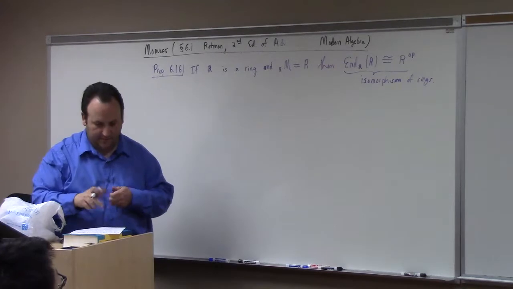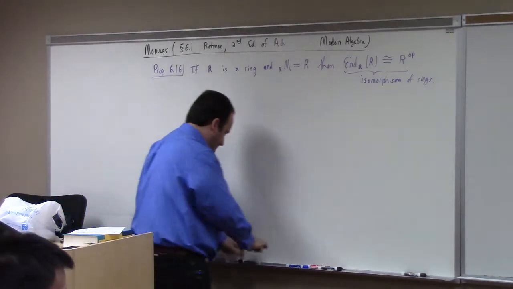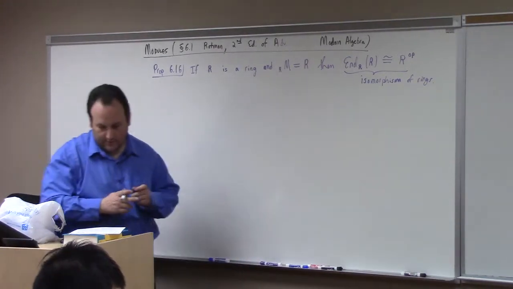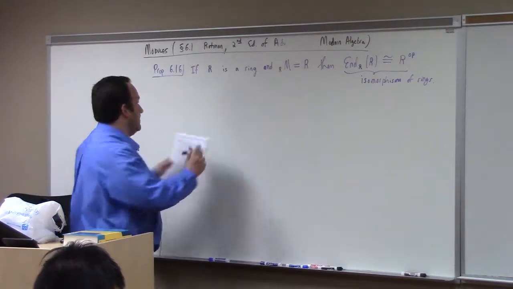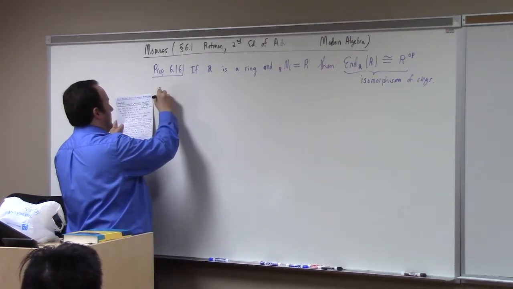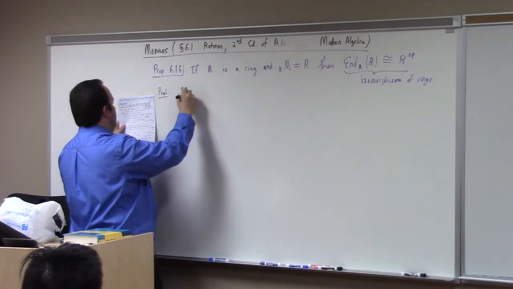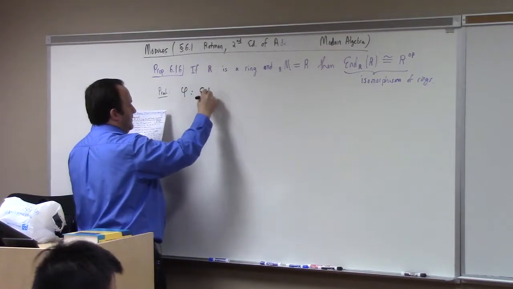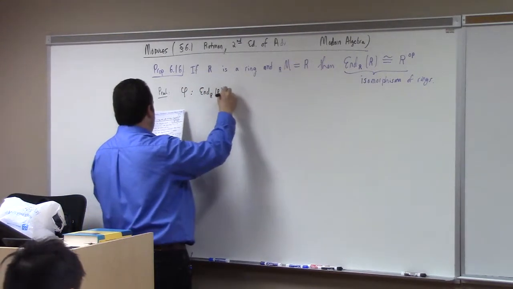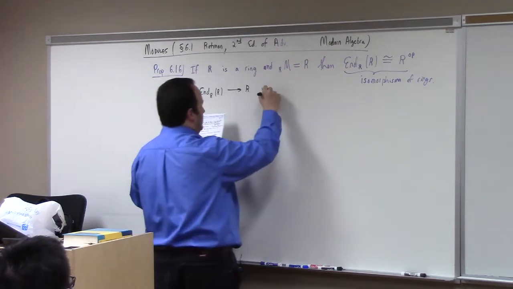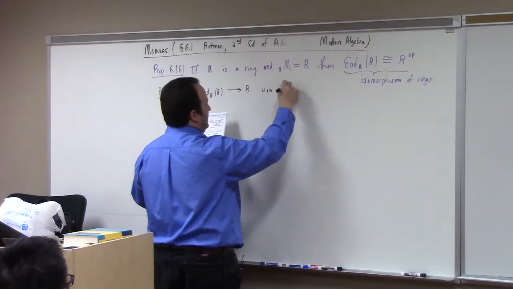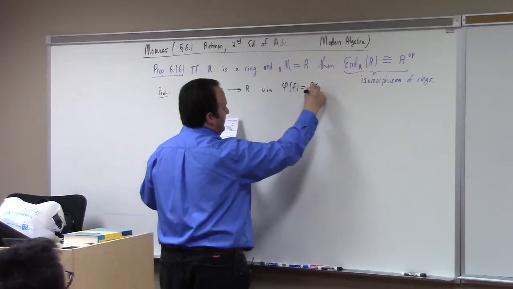Let's go through it again. So we define phi going from End(R, R) to R via phi of f equal to f of 1, right?